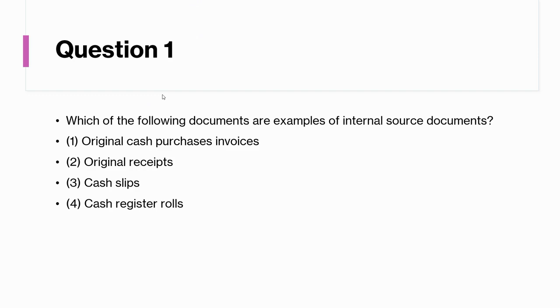So we have four options. We have original cash purchases invoices. This one is not an internal document. Your purchase invoices, they come from your suppliers. Original receipts, they also come from your suppliers. So the answer here is cash slips or cash registers.